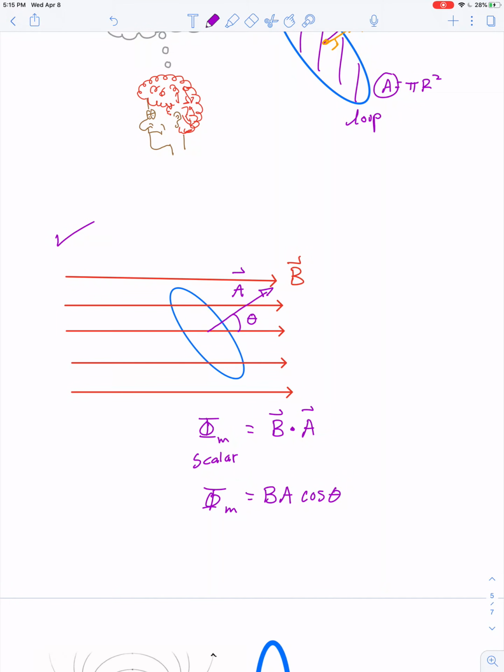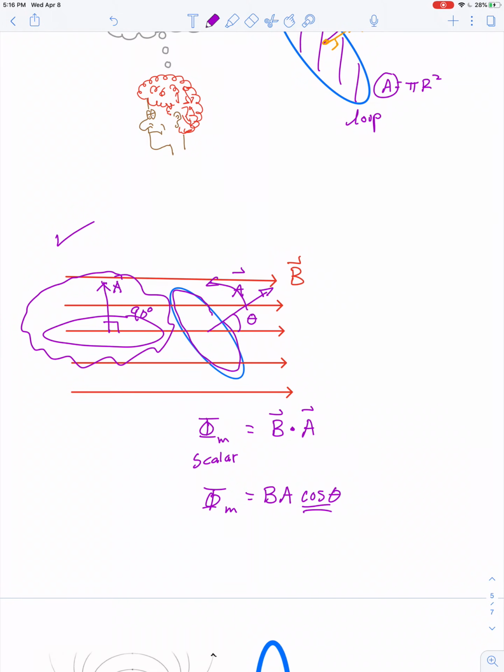So if we were to rotate this loop of wire so that its area vector moved to a vertical position, then the angle between the area vector and the magnetic field would be 90 degrees. And what's the cosine of 90 degrees? 0, right? And certainly, when the loop of wire is in this case, then we have the condition of no flux.